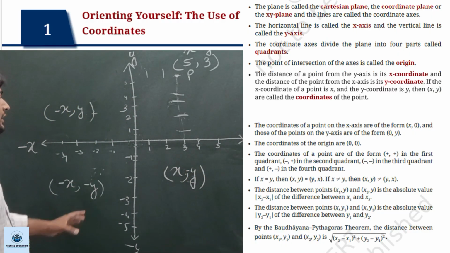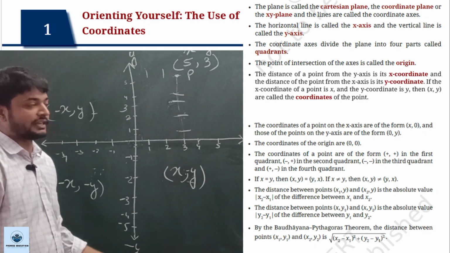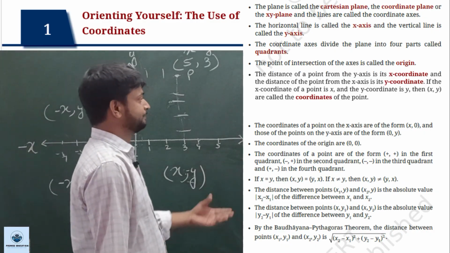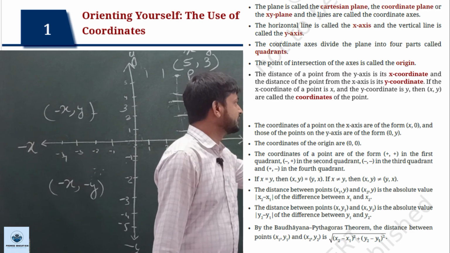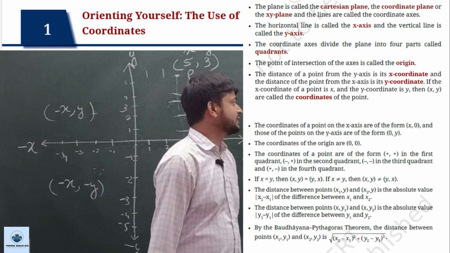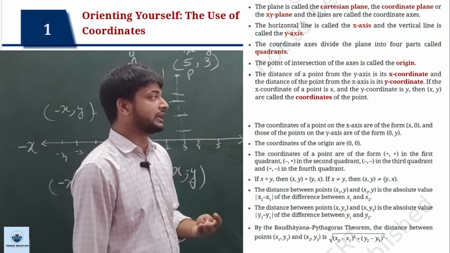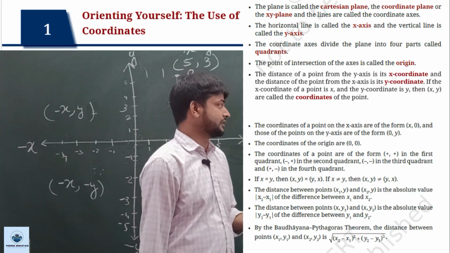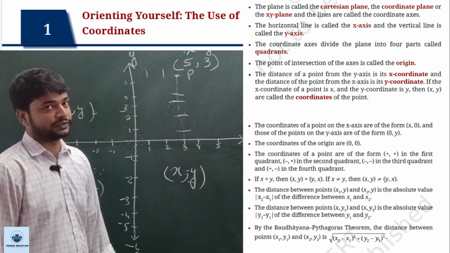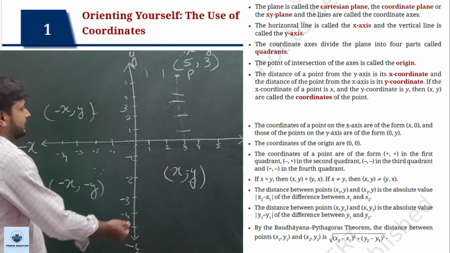Now, the last concept of this chapter will be finding the distance between 2 points by using the distance formula. Nowadays in the new book it is defining the distance between 2 points on the Cartesian plane.